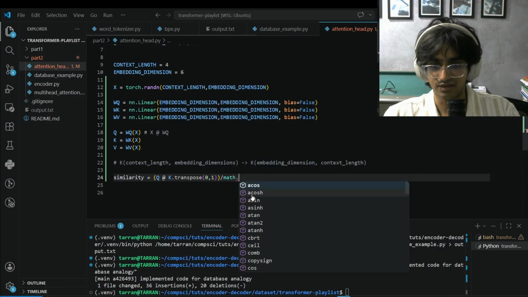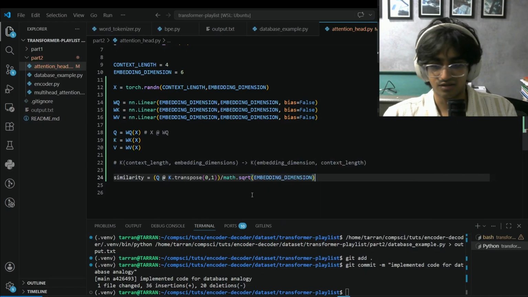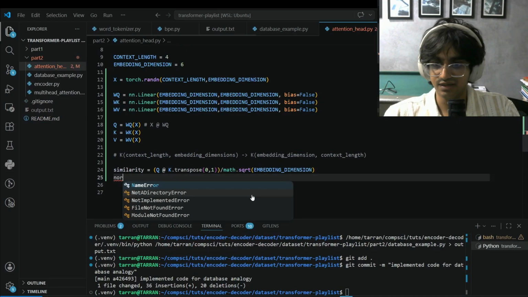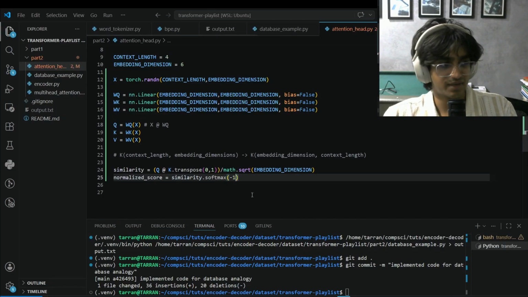Then we're going to need the square root. Here it's simply the embedding dimension because that's what we need. Then we're going to take our normalized score, which is just going to be our similarity, and we're going to softmax it over -1.